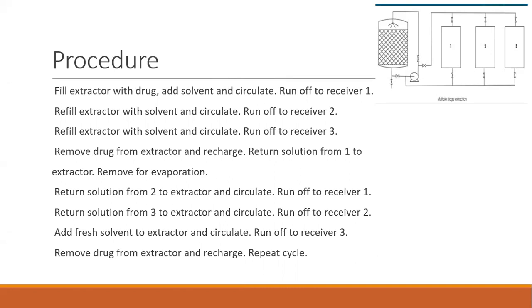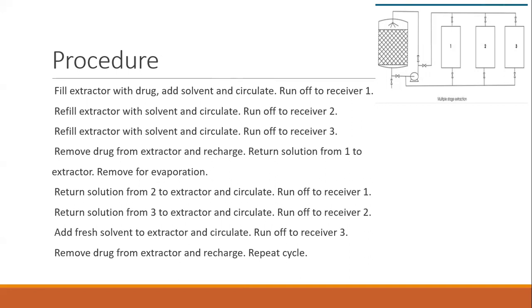Return the solution from 1 to the extractor. You will put your material in that container, and from 1 you will return it to the extractor, circulate, and then remove from the extractor and send it to evaporation.